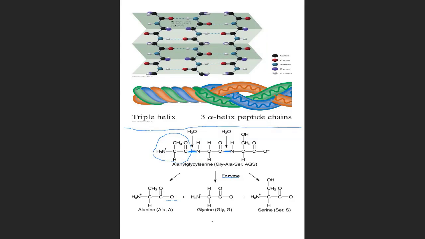If we break this, the nitrogen will add two hydrogens from the water, and in another color, one oxygen, and we are restoring the individual amino acids. Same thing happens when we break this peptide bond. So we recover alanine, lysine, and serine.